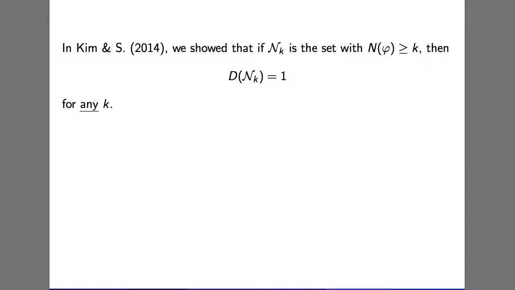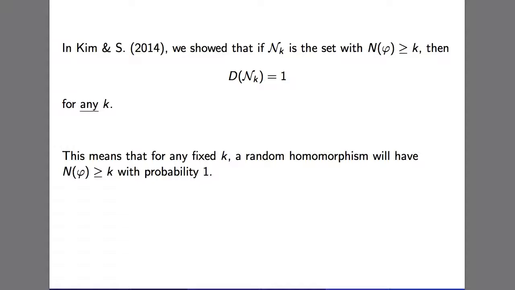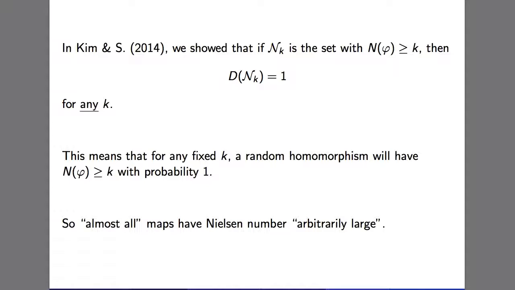So if you choose a map at random, you actually expect the Nielsen number to be very, very large, greater than any fixed amount. For any fixed k, a random homomorphism will have Nielsen number greater than k with probability 1. So you could say informally, almost all maps have Nielsen number arbitrarily large.